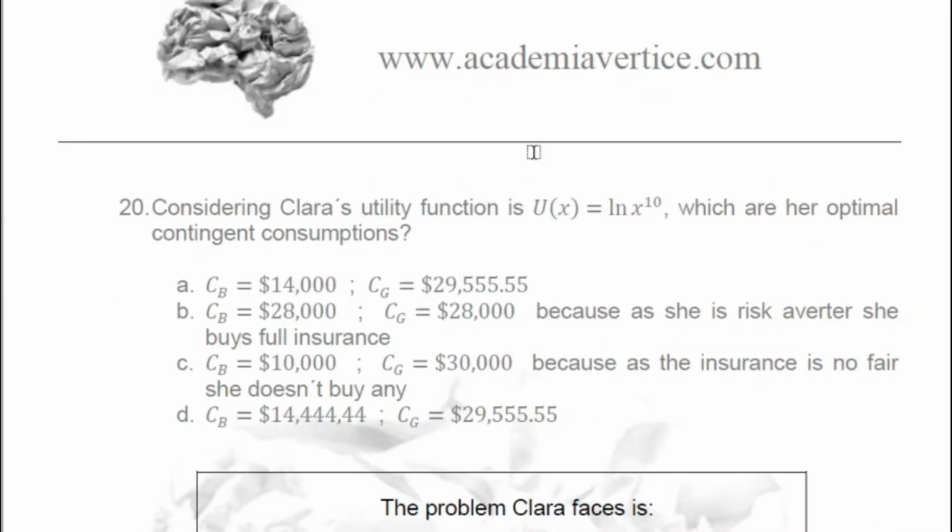Now, question 20. Considering Clara's utility function is the logarithm of x elevated to 10, so 10 times the logarithm of x, as we saw before in the second or third question, I don't remember, which are her optimal contingent consumptions? So now we introduce the utility function of Clara, so we can find her optimal consumptions.